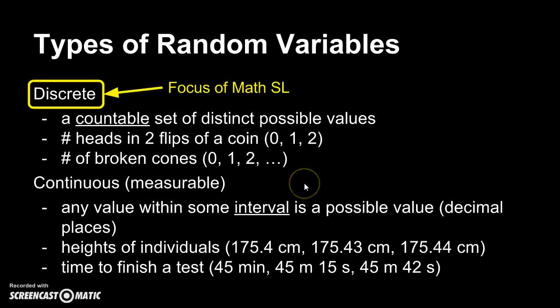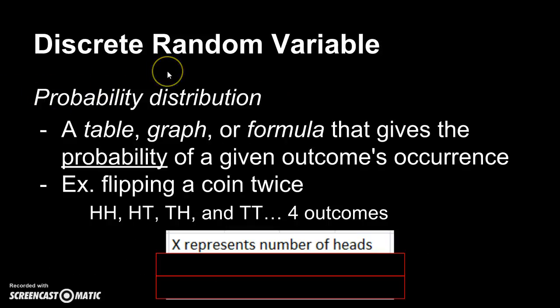In this class, we will only focus on the discrete type. Okay? So let's look at discrete random variables a bit more. In order for us to understand the discrete random variable, we have this thing called the probability distribution. Probability means it has something to do with chance. Distribution is sort of like a pattern that shows the outcomes.